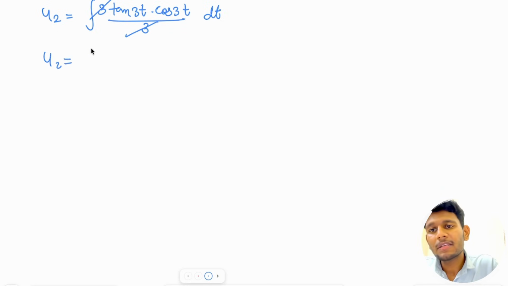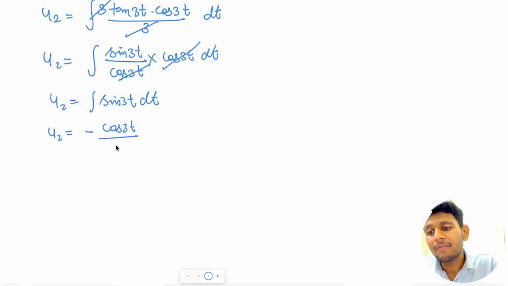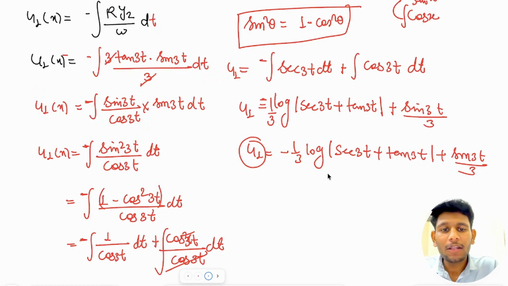Now it is very easy, because it is 3 sine 3t, cos 3t into cos 3t will get cancelled, dt. Then u2 is equal to the integration of sine 3t dt, that is u2 is equal to minus cos 3t divided by 3. This is your u2, this is your u1.